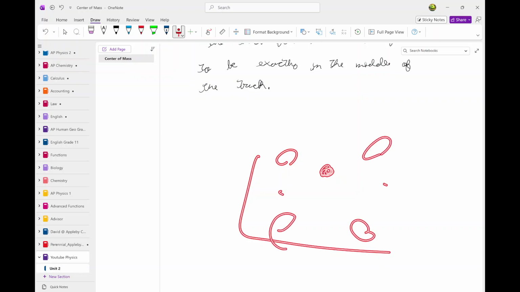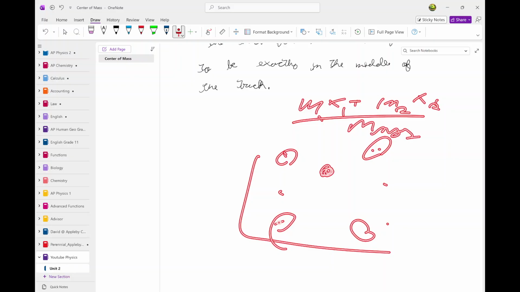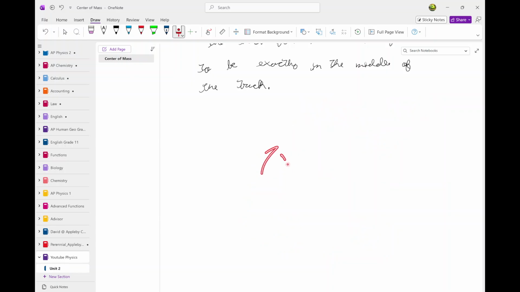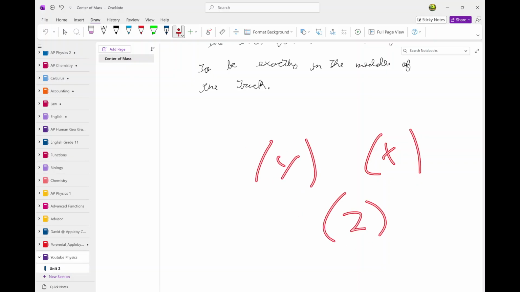But at the end of the day, these are just locations, and you can just do that, right? And then the mass of the system: you just add all their masses, then the locations. In this case, it could be something like X and Y, or it could be X position, Y position, Z position, anything like that.